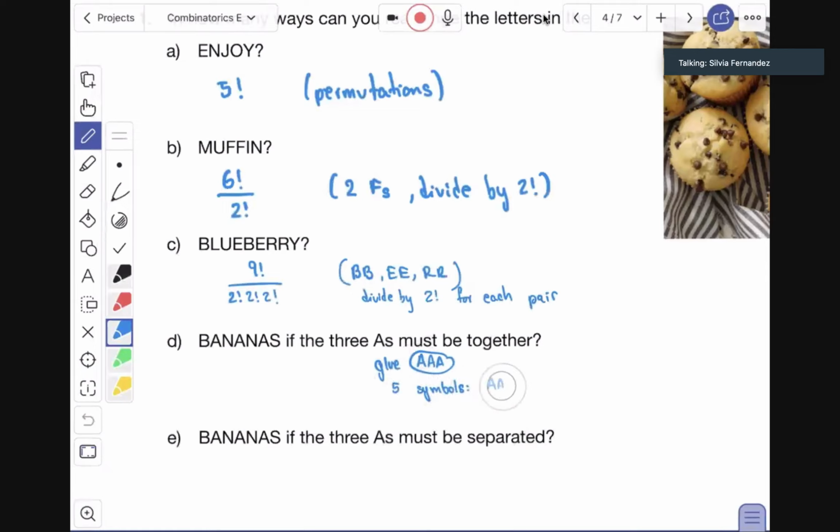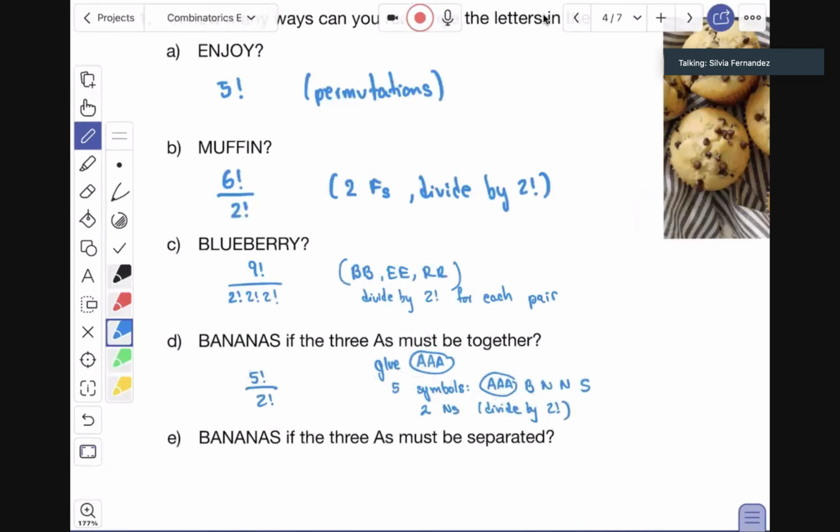Now we have the AAA as a single symbol. And then we have B, 2 N's, and an S. So it's 5 symbols, 2 of them are N. So we have to still divide by 2 factorial. So this is 5 factorial over 2 factorial.